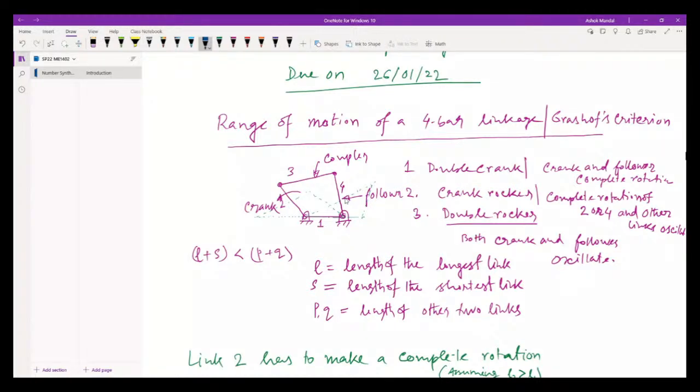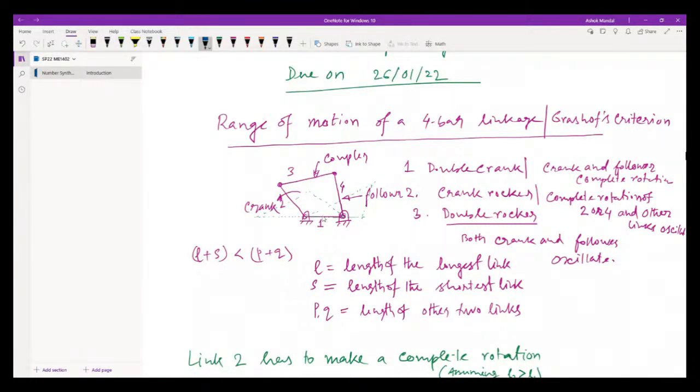So when will you get the crank rocker mechanism? On fixing 2 or 4. If you fix 2 or 4, then you will have the crank rocker mechanism, because with respect to 2, 1 can have complete rotation, and with respect to 4, 1 can have complete rotation. So 1 is the crank here.